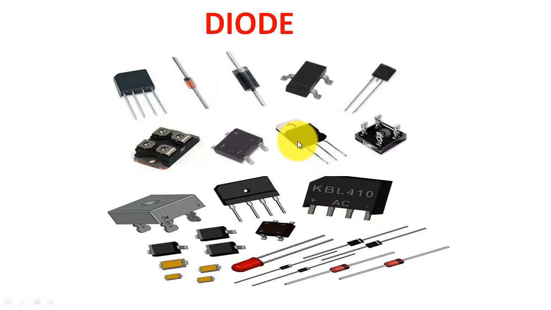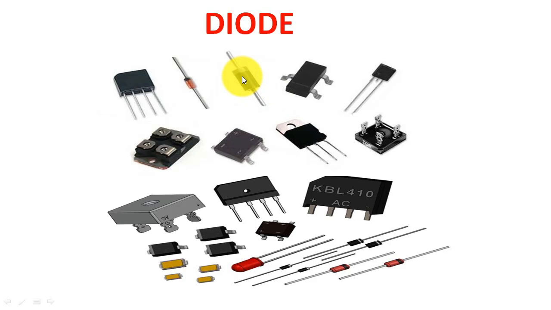Today I'm going to discuss diodes: how a diode works and what a diode is. I will discuss everything about diodes. You can see there are a lot of diodes here.